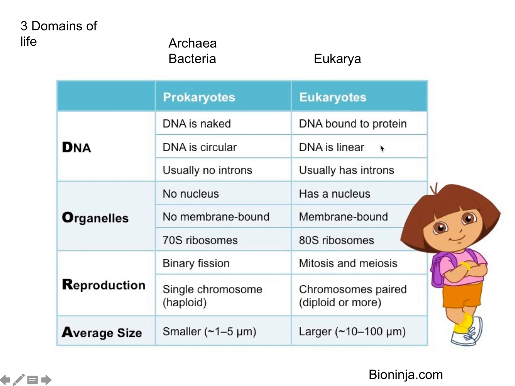The DNA is linear in chromosomes, like you saw in mitosis and meiosis, in eukaryotes. Usually DNA does not have introns in prokaryotes and usually does in eukaryotes, but there are some, again, archaeans where that's an exception.